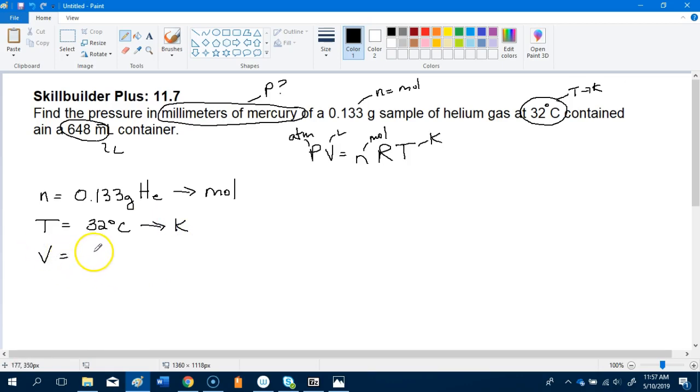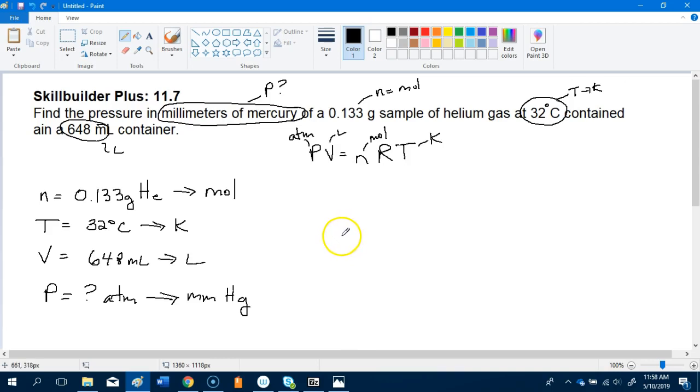We're given our volume, which is 648 milliliters, but we're going to need to convert that to liters. And our pressure, we don't know that. That's in atmospheres, but we're going to need to change that to millimeters of mercury. So lots of conversions going around here. That's why it's called the Skill Builder Plus.